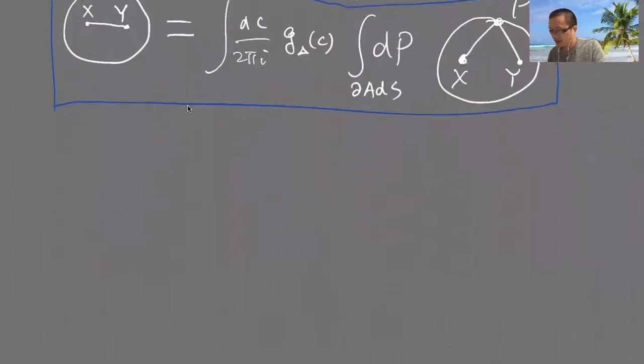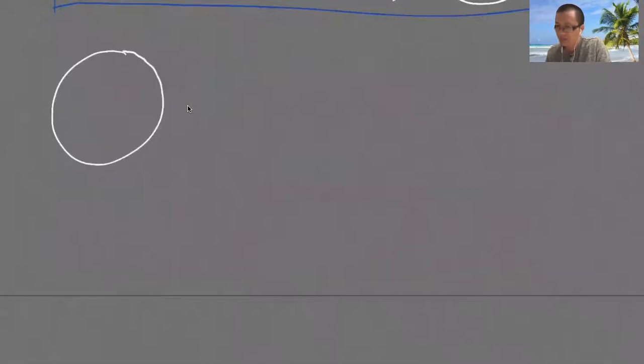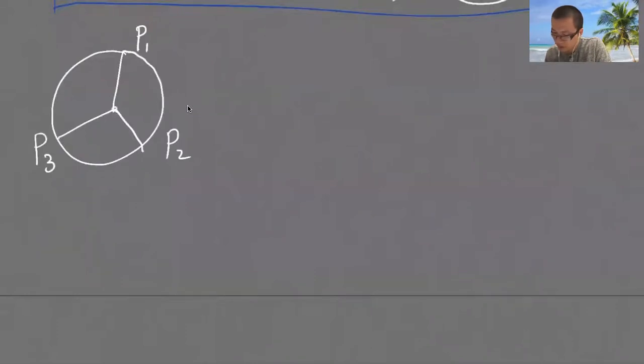So we will consider, as I said, the simplest one, the 3-point Witten diagram. So say I have three boundary points P1, P2, P3, and a bulk point X3. So this is coming from a lambda phi cubed interaction in AdS. We want to compute this diagram.